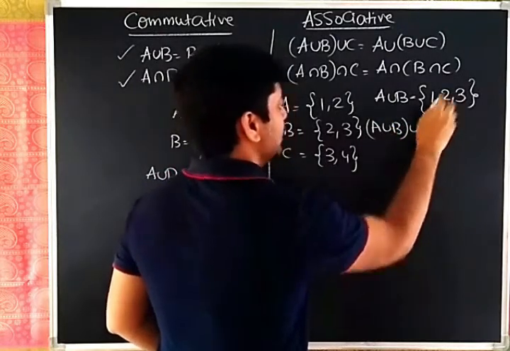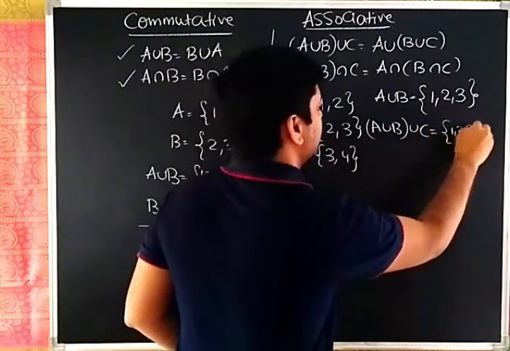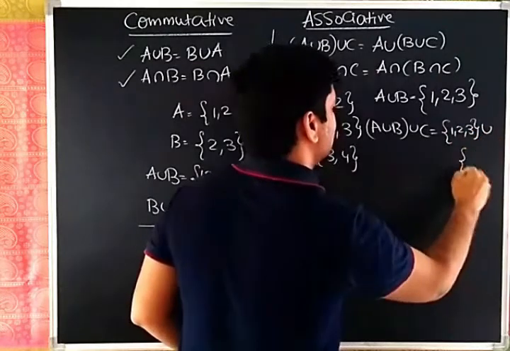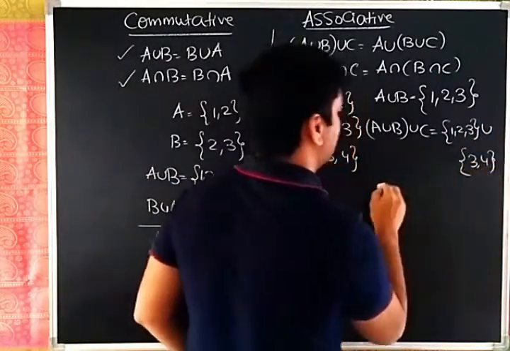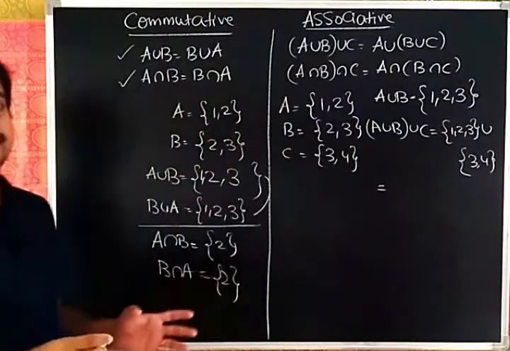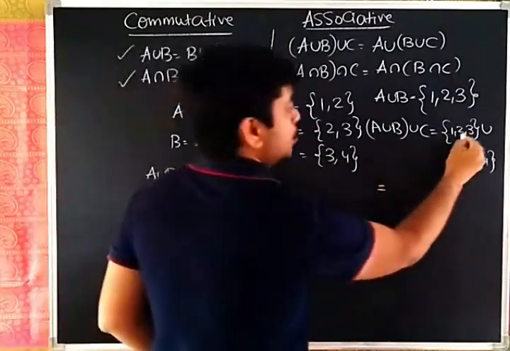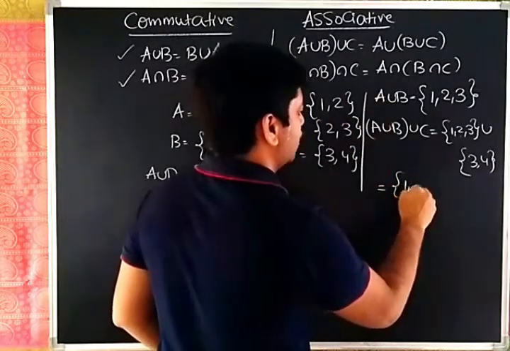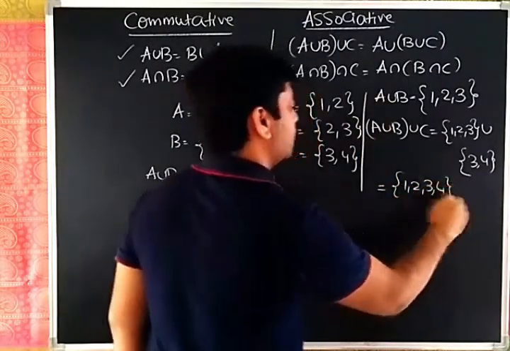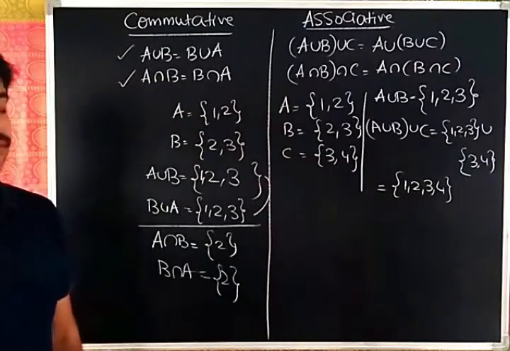That means this set 1, 2, 3 union with the set C, that is 3, 4. So what are all the elements? Listing all the elements. So 1, 2, 3, 3 is already there, 4. So A union B union C will give you 1, 2, 3 and 4.